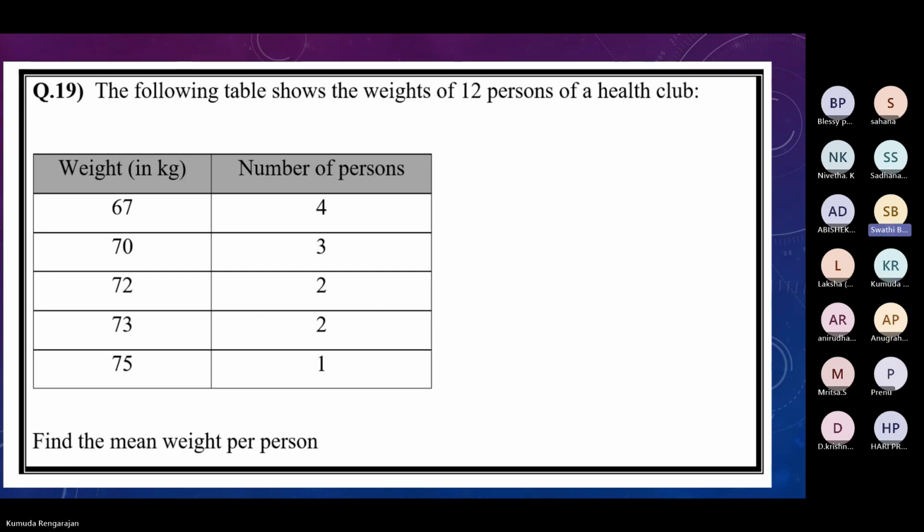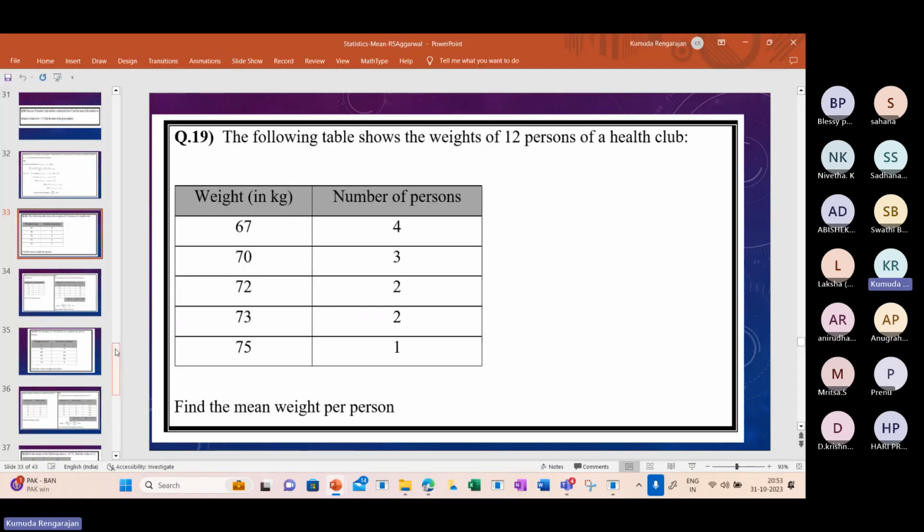Mean, median, mode was part of the Exceed book in 7th and 8th. But I'm asking, now some portions are deleted, right? So do we have mean, median, and mode or no? No, ma'am. What about histograms and frequency polygons? Yes, ma'am, we have. Okay, then let me do histogram.